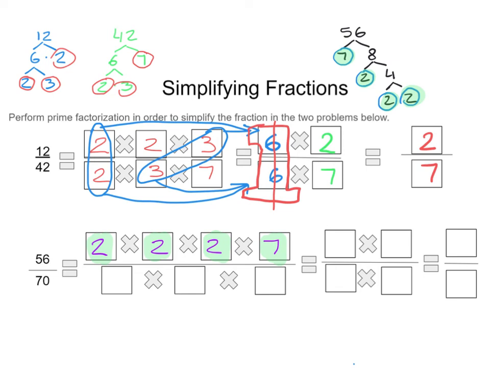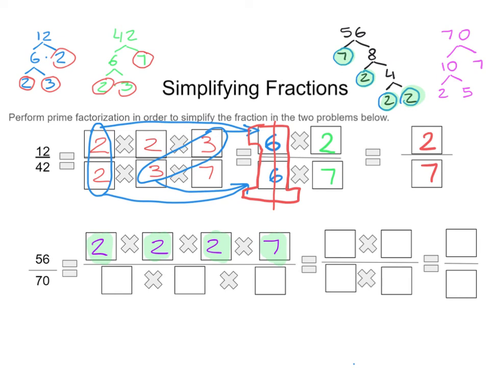In the next step, we're going to do prime factorization of the denominator, which is 70. So I'm going to write 70 here next to 56, and I'm going to do prime factorization of 70. Probably the easiest way to go is 10 times 7, because I see 0 at the end, so I have to be able to divide by 10. And 10 is 2 times 5.